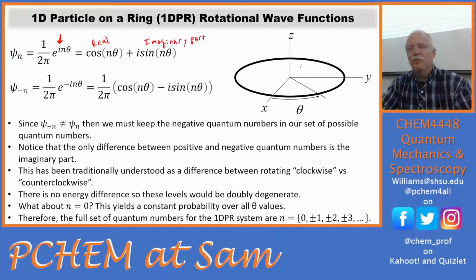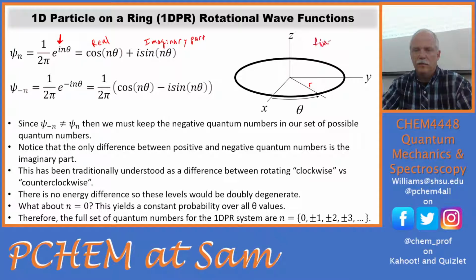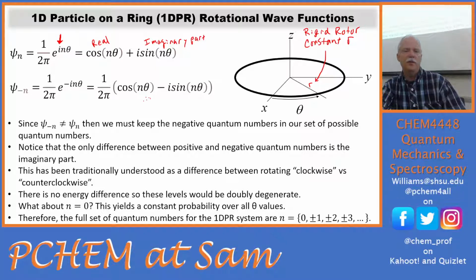It's what we call a rigid rotor because R is fixed. And so you'll hear me talk about rigid rotor, and that's what I'm talking about. So this is the rigid rotor wave functions.